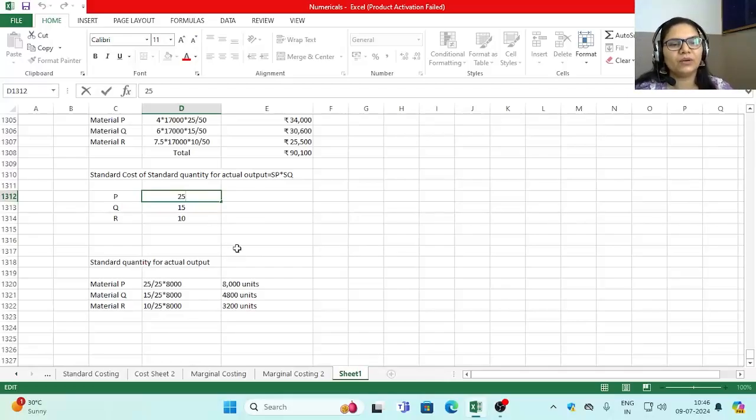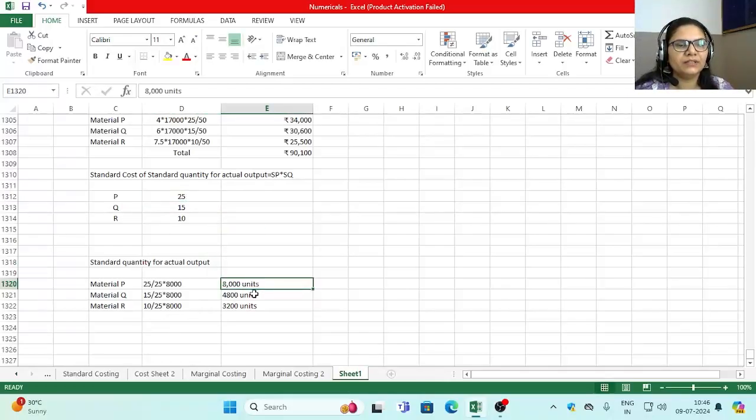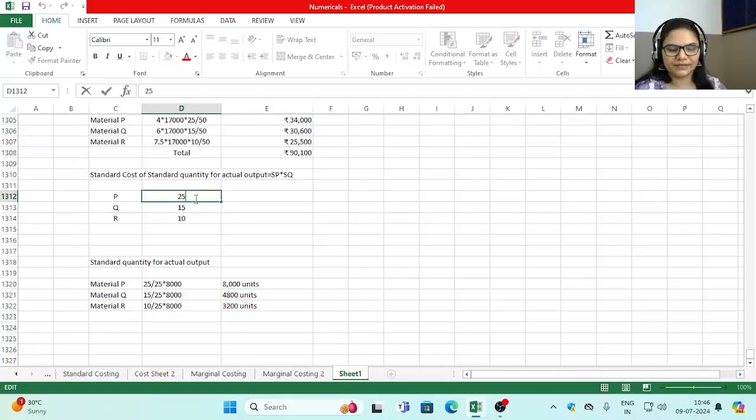It is 8,000 we have calculated, 4,800 for Q, and for R it is 3,200.